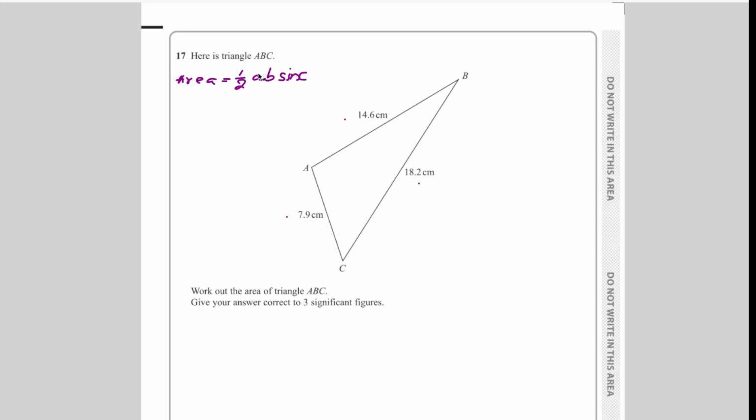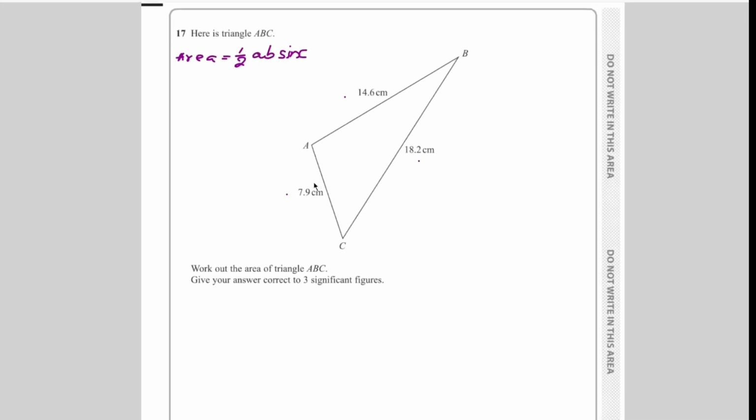Therefore, ab sine C means two sides and the in-between angle. So let's figure out the angle first.